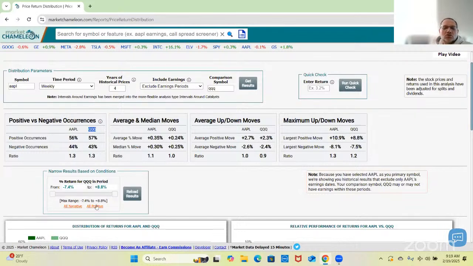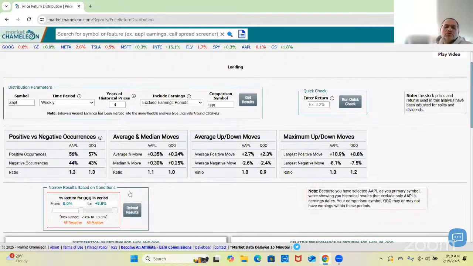So I could just click here, all positives, or I could use the slider to maybe make it where the QQQ performed really well or performed really badly. Let's just take a look at all positives. So this is when QQQ was above 0 for that week.